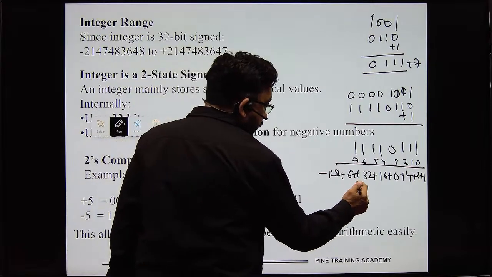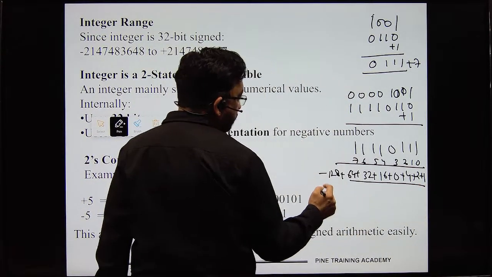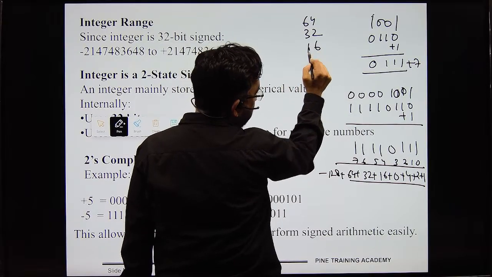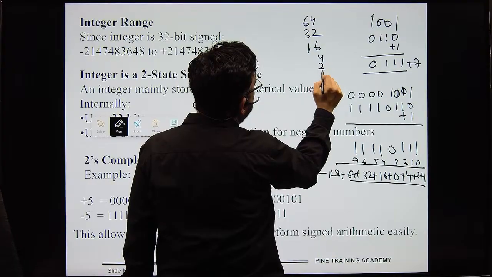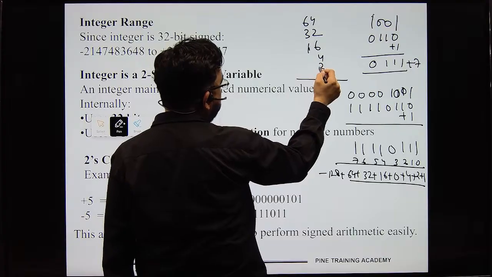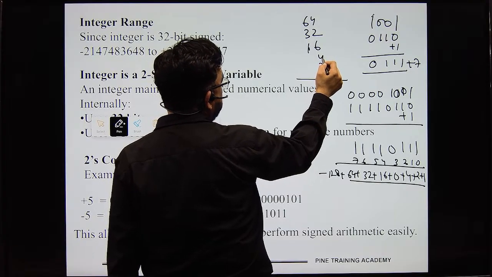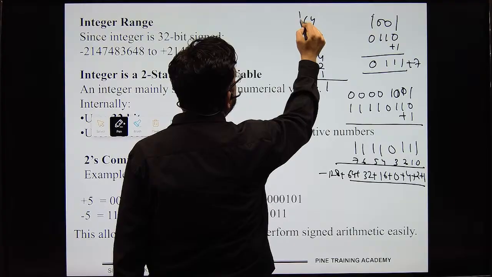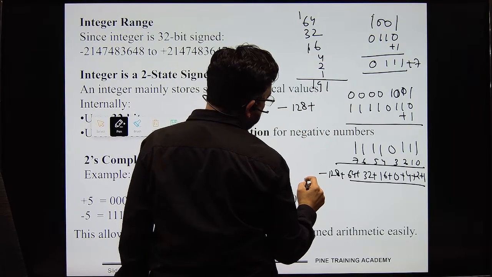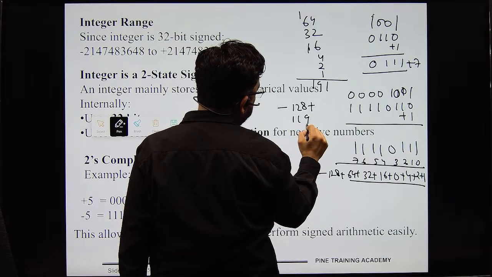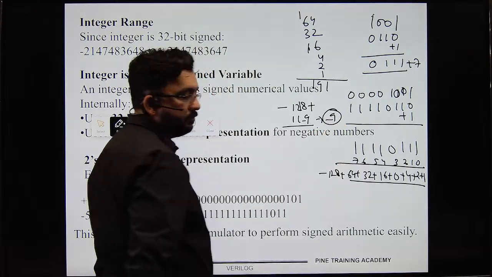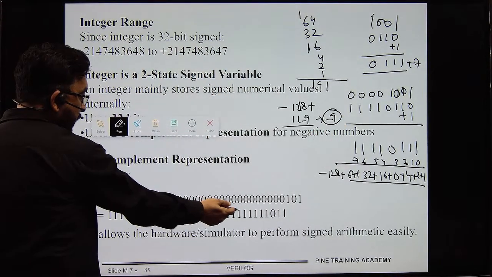If you add this: 4 plus 2 is 6, 6 plus 6 is 12, 12 plus 4 is 16, and 19. So -128 plus 119 gives -9. So in this way your data will come here.